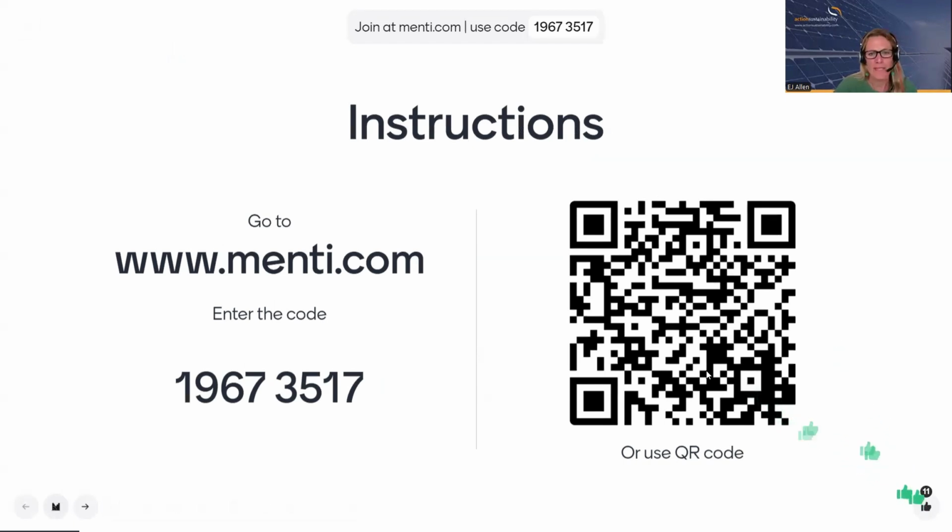Do leave this open in the background because this is how we're going to do the assessment a bit later on. Everything on Mentimeter is anonymous, so I have no idea who submitted what. When you're assessing your levels of maturity, nobody knows who submitted what, so do feel free to be very honest there. I can see 26 of you are in there, so I'm just going to hang on a moment more.